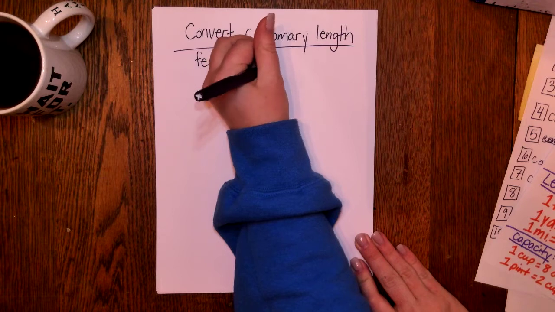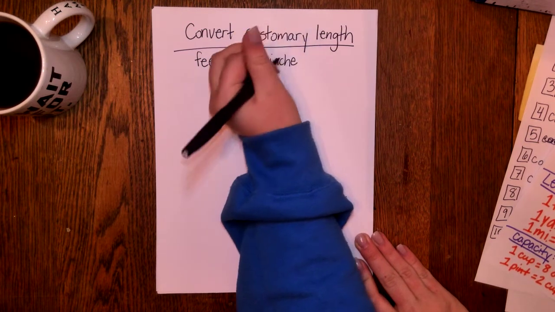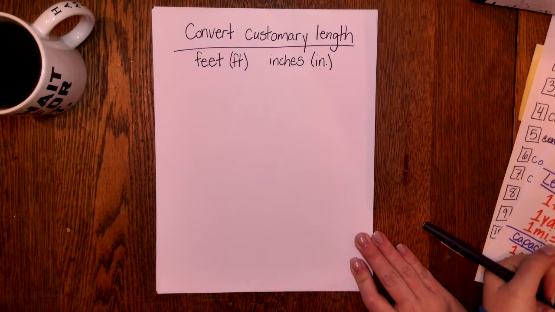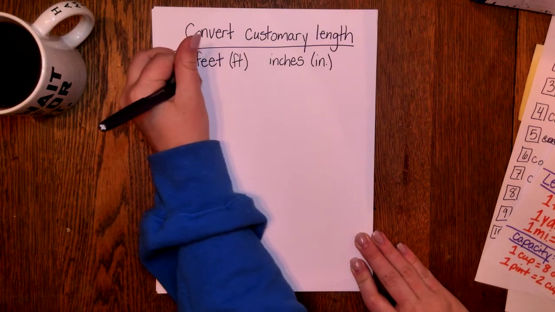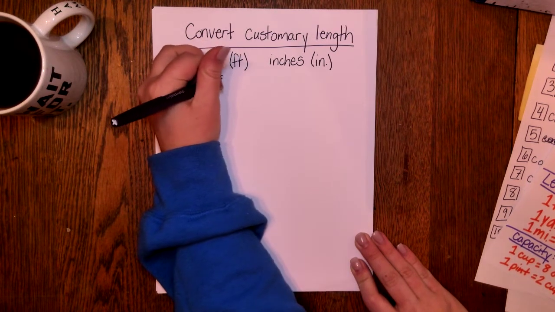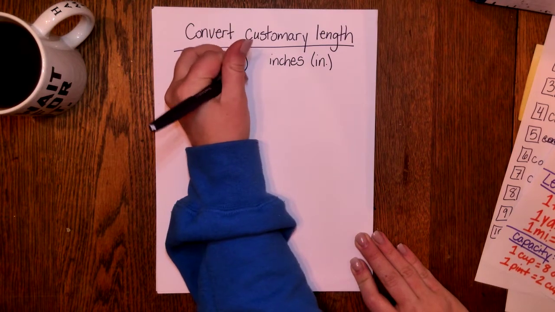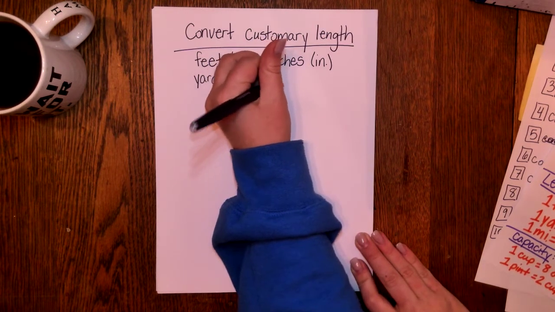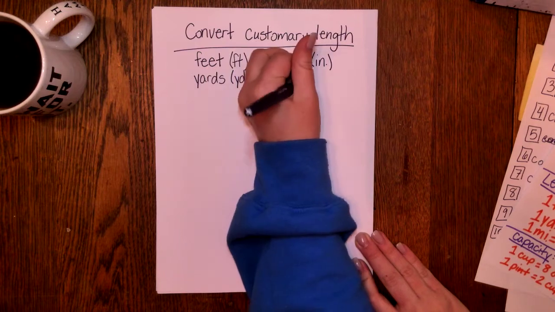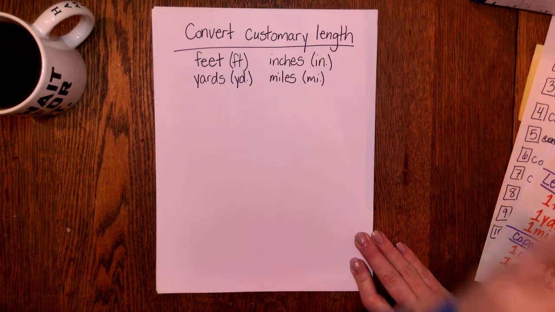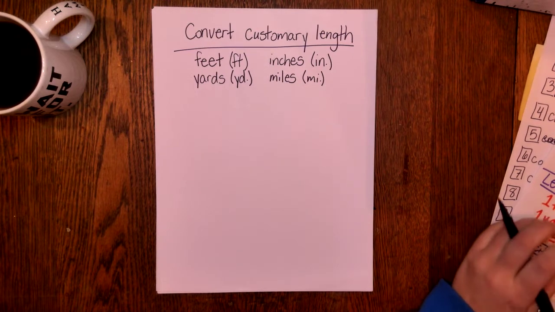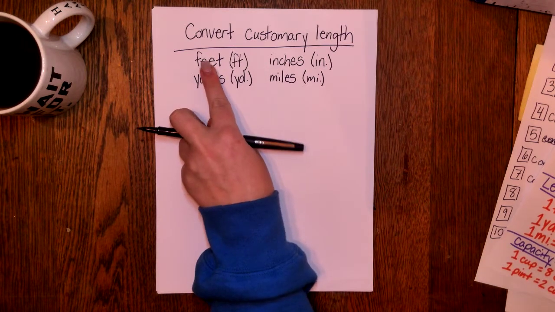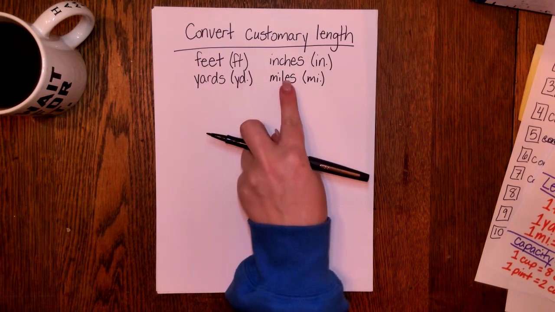We have inches, or IN, and we have yards, and there's also miles, or MI. Now, these are not the only customary measurements, but these are the four that we're going to focus on throughout our unit: feet, inches, yards, and miles.